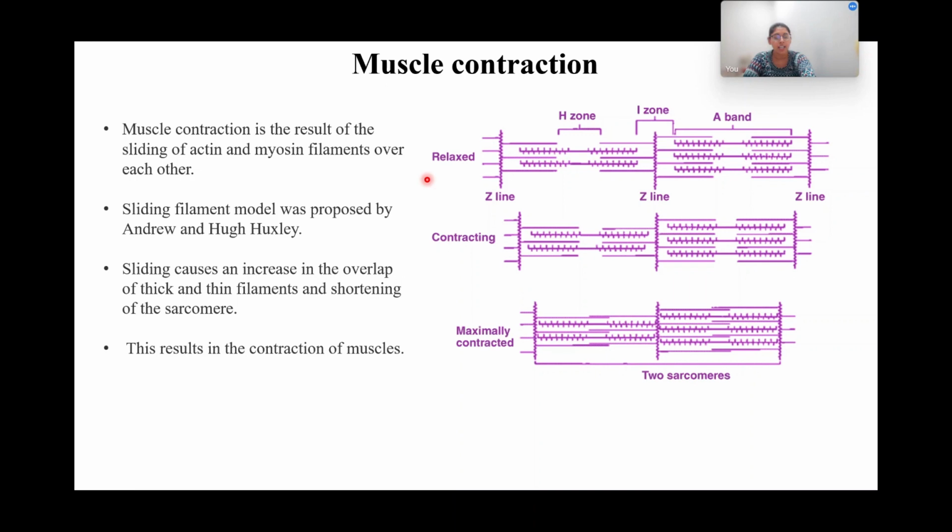The mechanism is very similar to what we just read about: the calcium release and then the thick and thin filaments coming into interaction with each other, because of which there is contraction. But before it can contract to the maximal limit, it goes back to the relaxation state. So here you can see how normal maximum tension or maximum contraction takes place in any muscle.